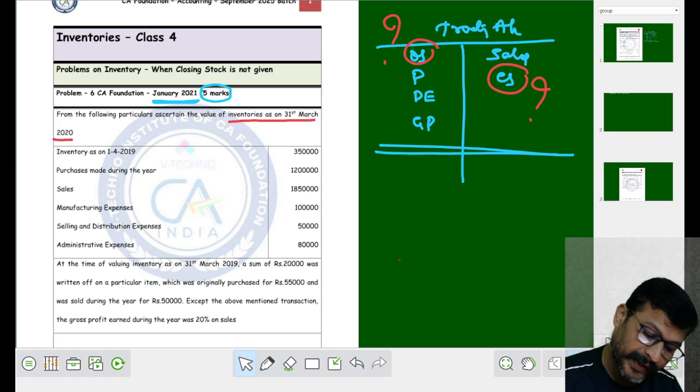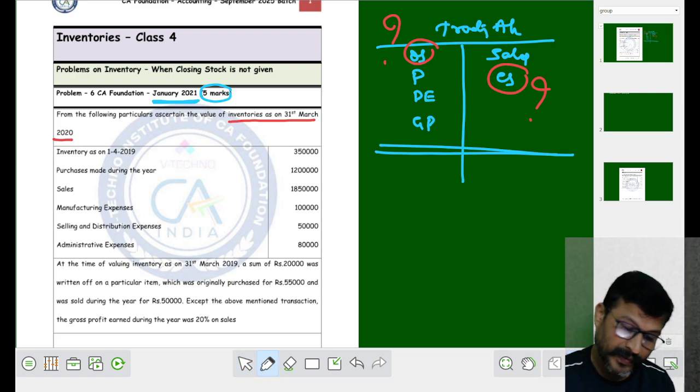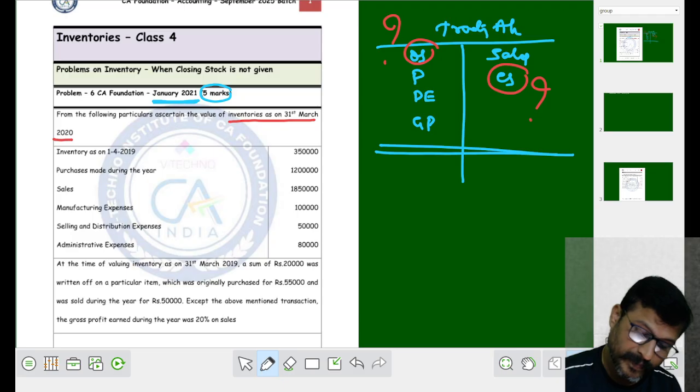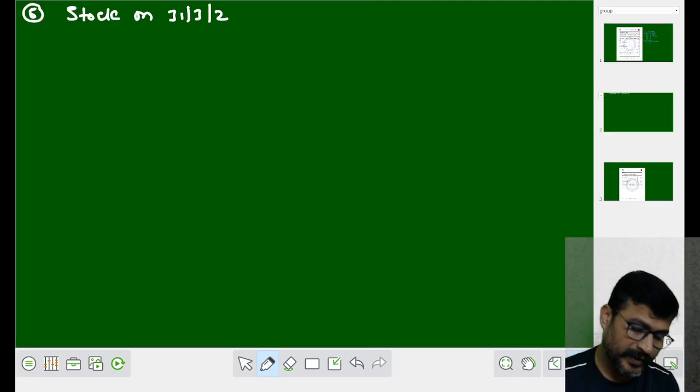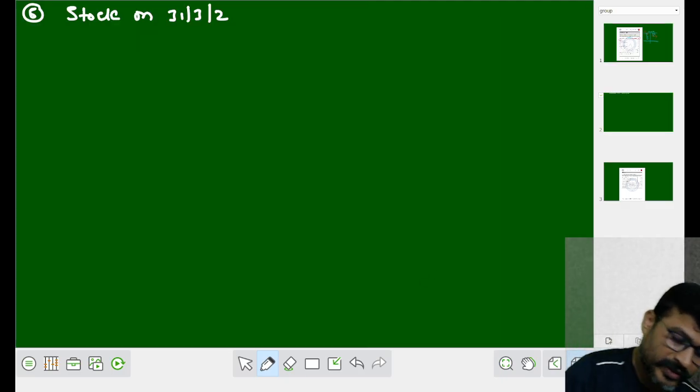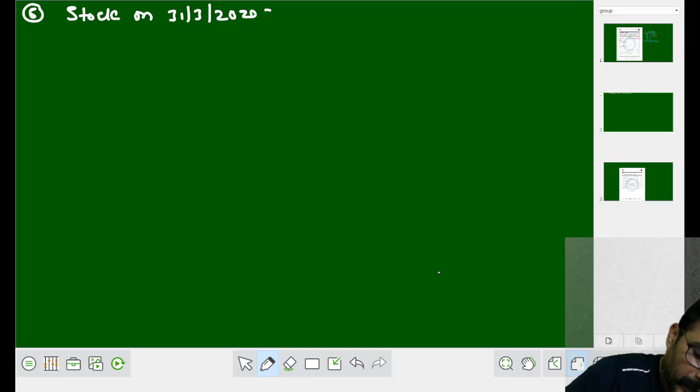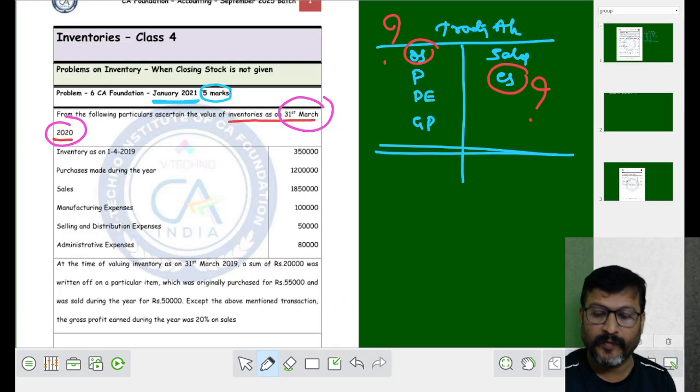We have to calculate stock on the date of 31st March 2020. So you write stock on 31st March 2020 is question mark.